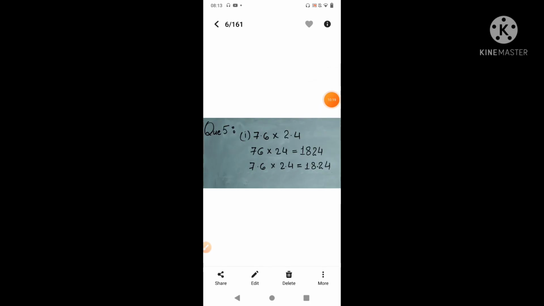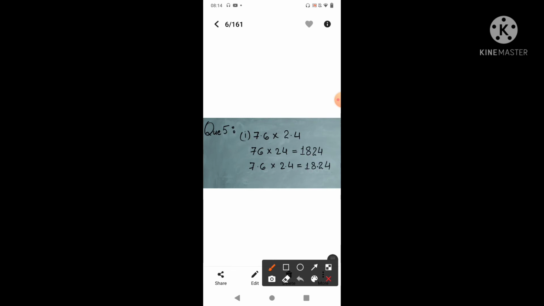In question number 5, we will multiply a decimal number with another decimal number. In this way also we will forget the decimal for a while. So this will be 76 only, and 2.4 will become 24. We will multiply, so the product will be 1824.